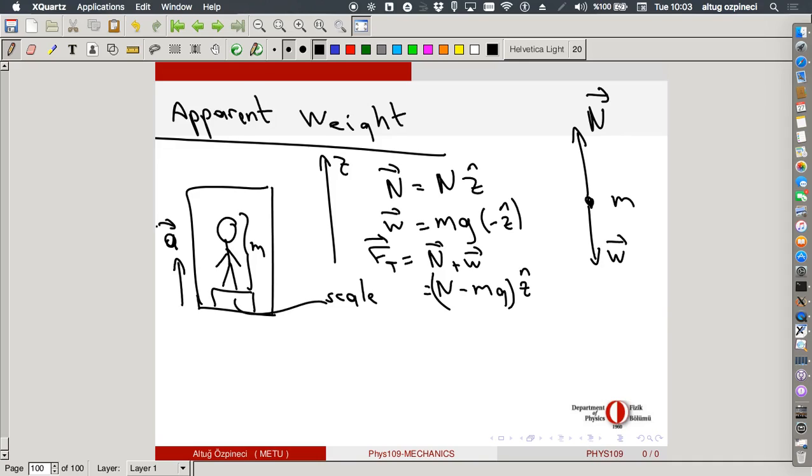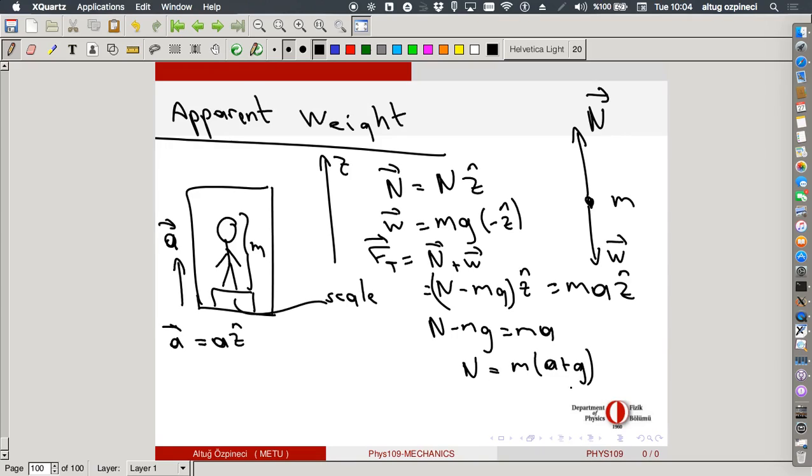So if the elevator is accelerating with an acceleration a, that is also your acceleration. So this should be equal to m times a in the z direction. Your acceleration vector is magnitude a in the positive z direction. So the normal force minus mg is equal to m times a, or the normal force is m times a plus g.